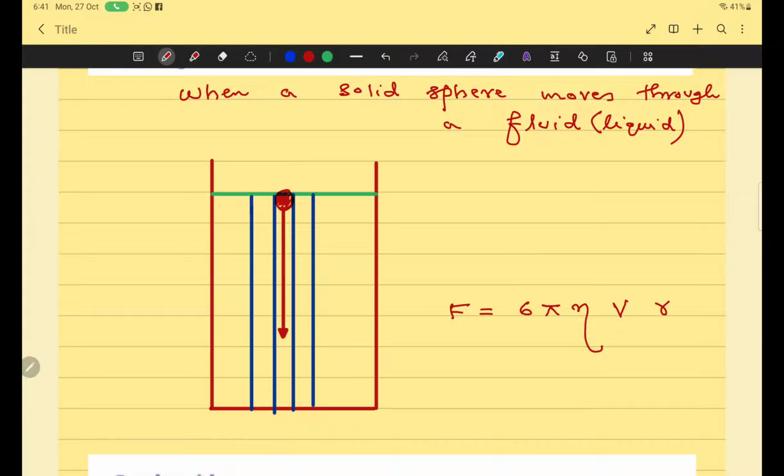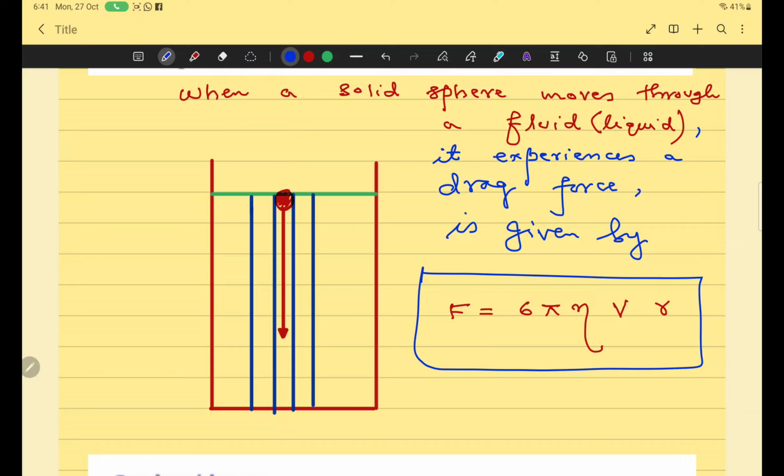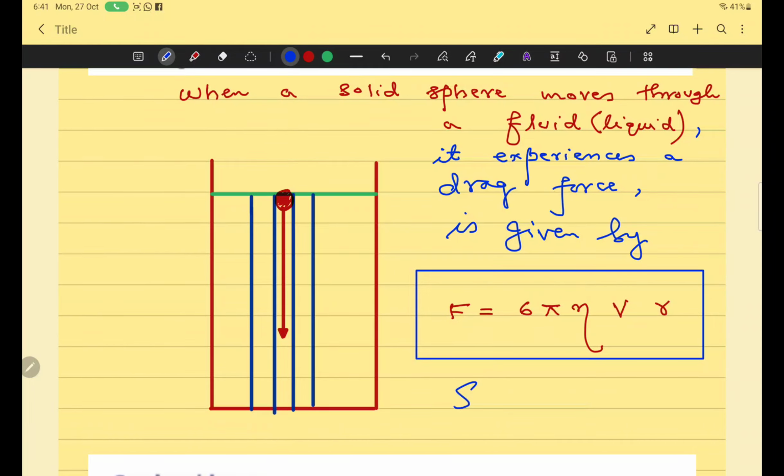So when a solid sphere moves through a fluid, it experiences a drag force. The drag force is given by, and this equation is called Stokes' law.